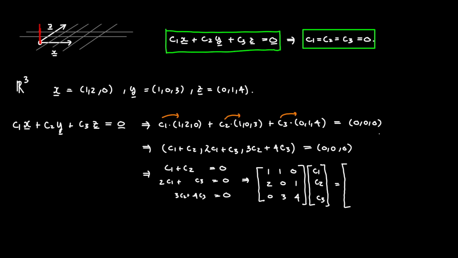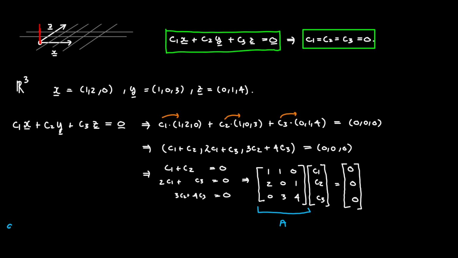And again, we've turned our whole linear system into a matrix equation. So we can now use a very, very similar argument as we did earlier. Let's call this matrix A. And I leave it to you to compute the determinant of this matrix.